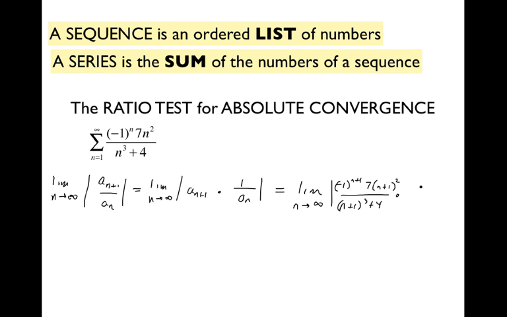Multiply by the reciprocal: n cubed plus 4 over negative 1 to the n, 7n squared. And so then the next step is kind of gather the like things together, right? So we've got the negative 1s, the n plus 1, and n. Gather those together: n cubed plus 4, n plus 1 cubed plus 4, and this thing.